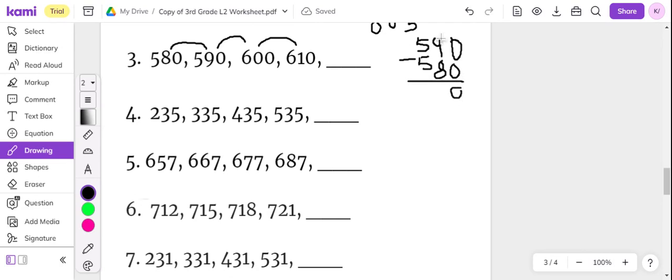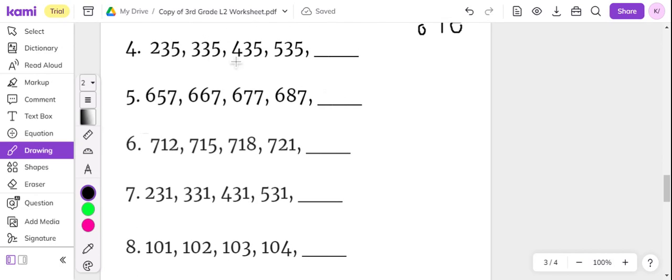That would equal 10. So that means each time it goes up by 10. And so if we add 10 to 610, we would get 620.